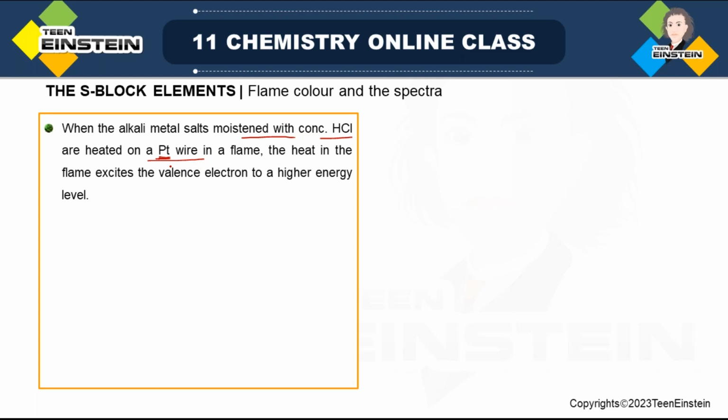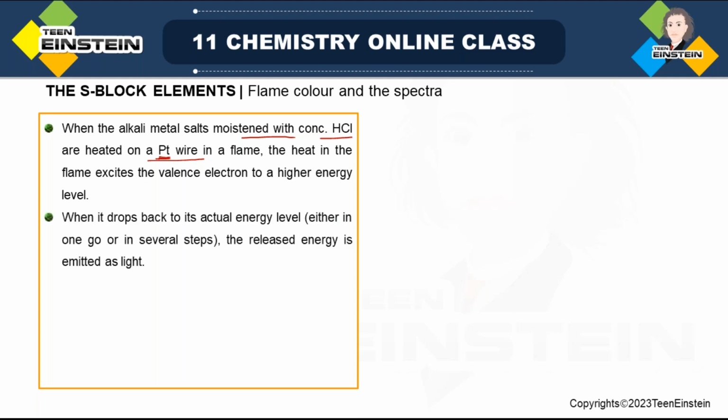So when we take a little amount of alkali metal salt, suppose sodium chloride or potassium chloride, on the platinum wire, a very little amount, then the heat in the flame will excite the valence electrons to a higher energy level, because the valence electron is the most loosely held electron, and its movement to a higher energy level can occur very easily.